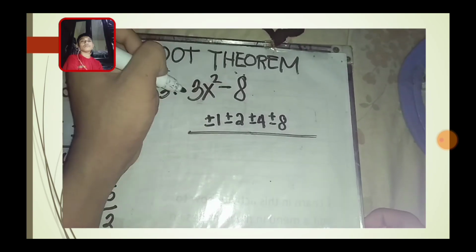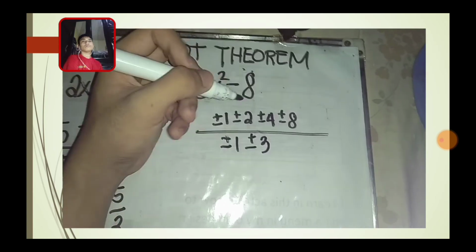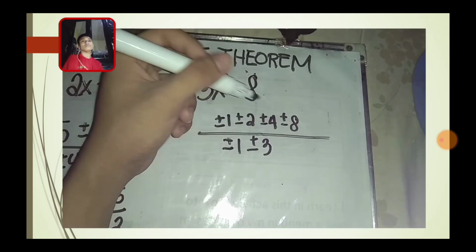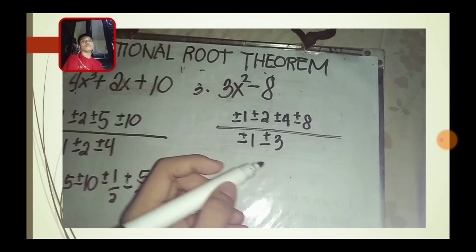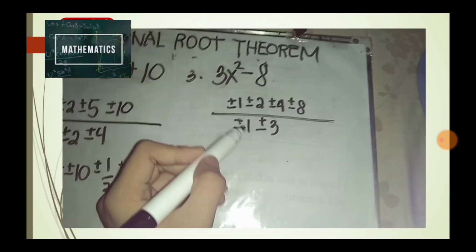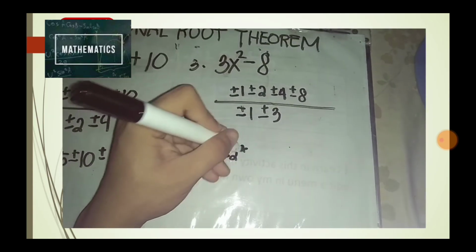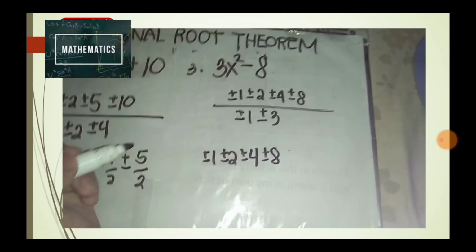Next, we have for the leading coefficient 3, which has factors 1 and 3. So we have 8 factors, so 8 roots for the first. So that we're going to divide again. We have automatically positive negative 1, positive negative 2, positive negative 4, and positive negative 8.